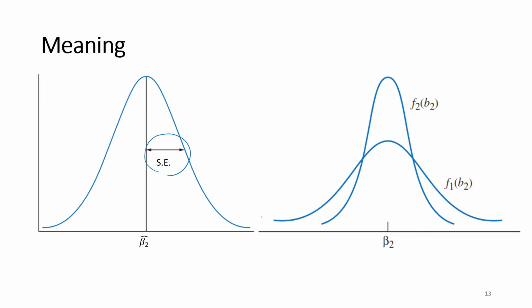But if your standard error is higher, your figure will become widened. It means your forecast value is not good, is not accurate. We will later use it next week in hypothesis testing.